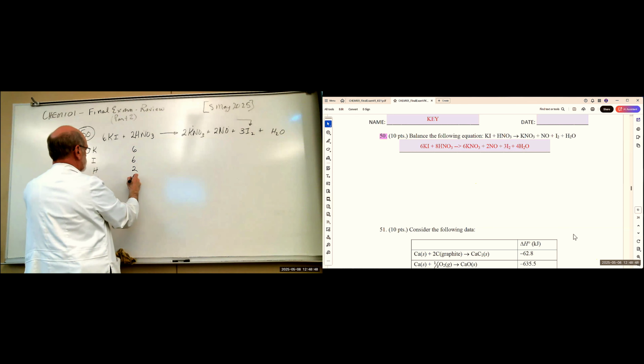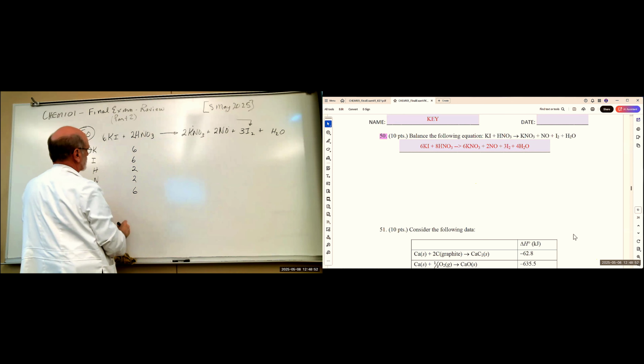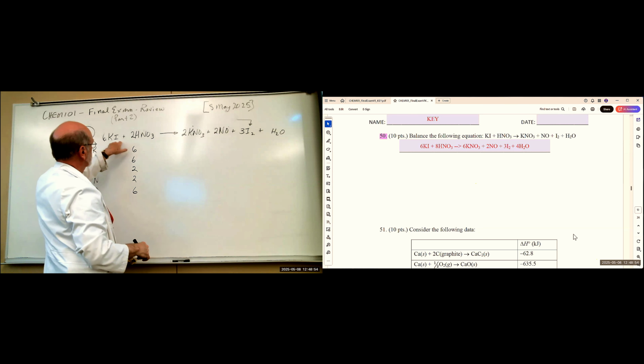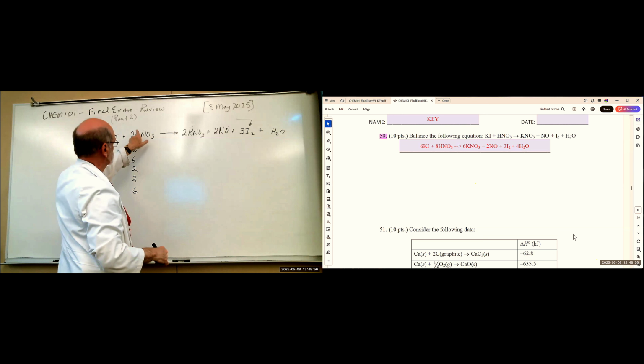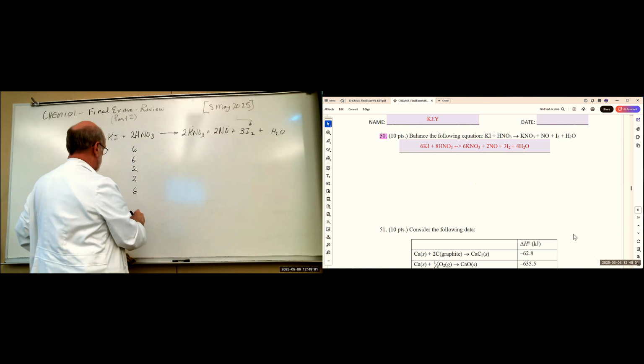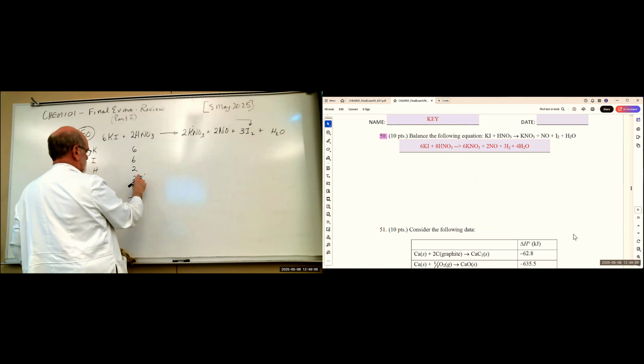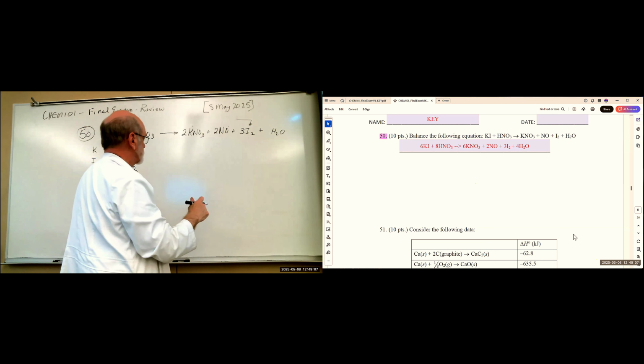We've got 2 nitrogens, and we've got 6 oxygens. Now, let's see, that's 12, 13, 14, 15, 16, and 6 is 22. So it should be 22. 18, 20, 22. That's right.